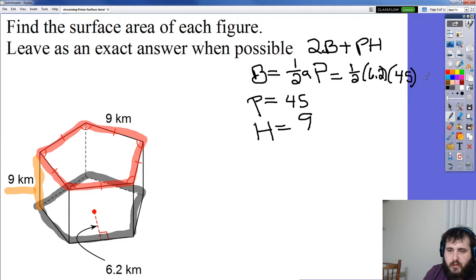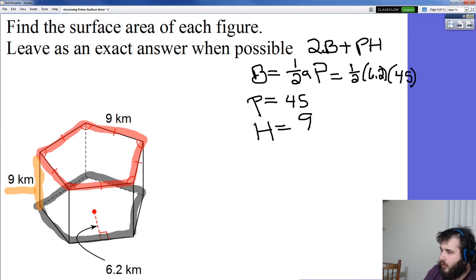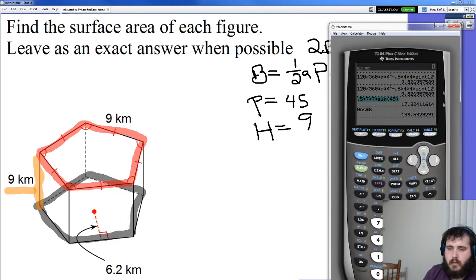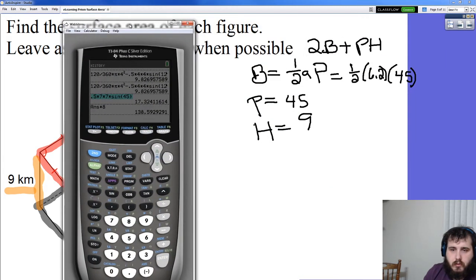So now we've got our B. Let's actually calculate it. We do 1/2 times 6.2 times 45.